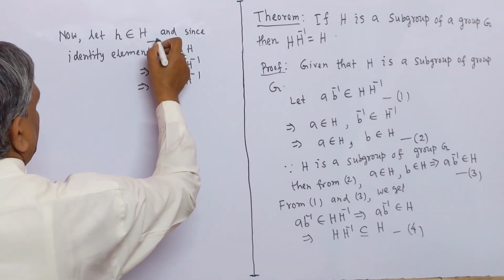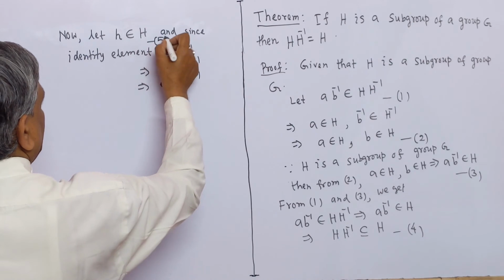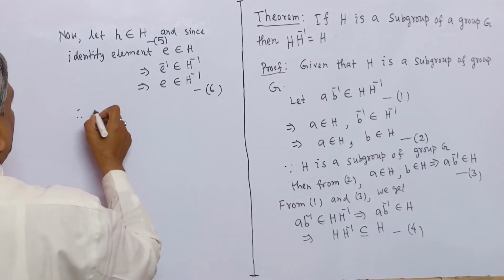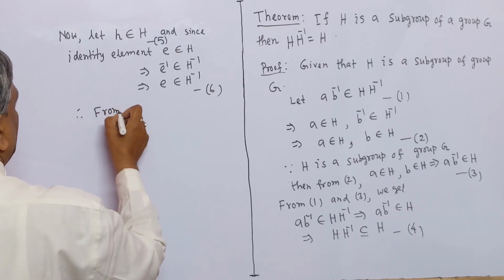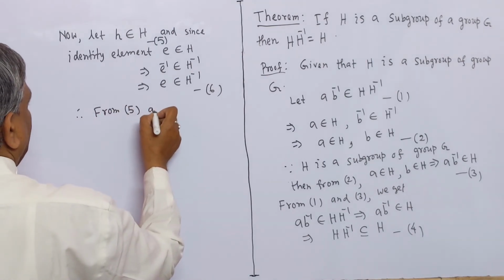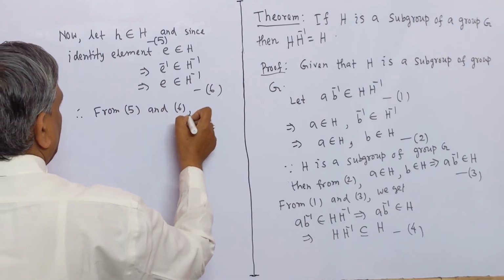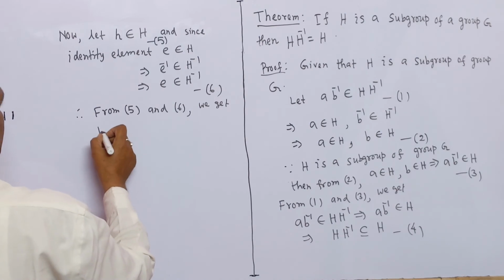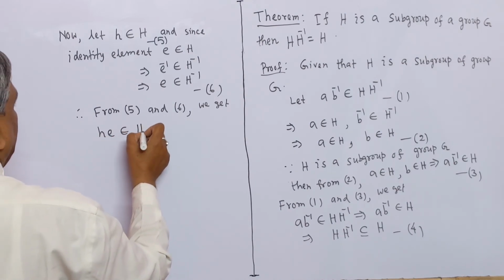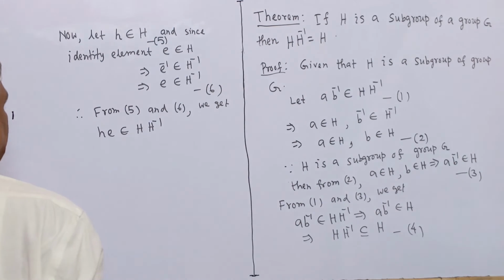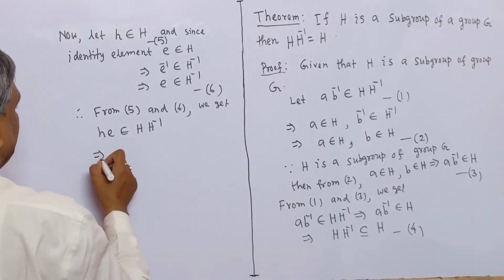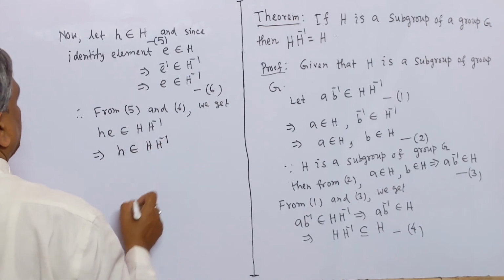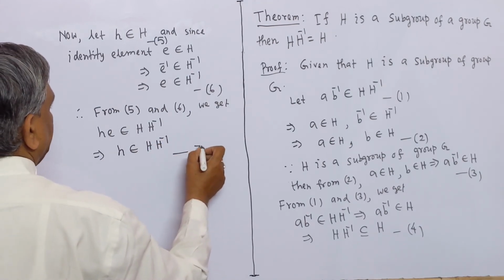This is number 5 and this is number 6. Therefore, from 5 and 6 we get he belongs to H inverse, implies that h belongs to H inverse. This is number 7.